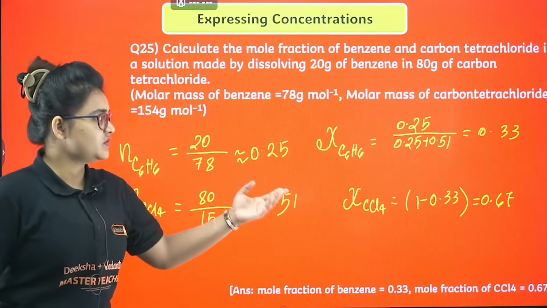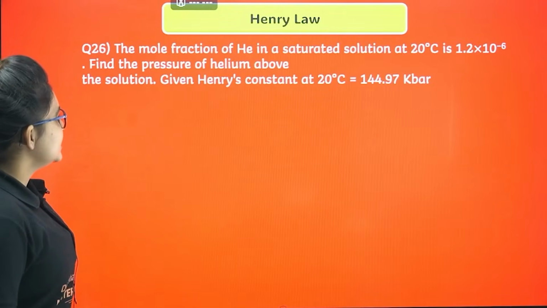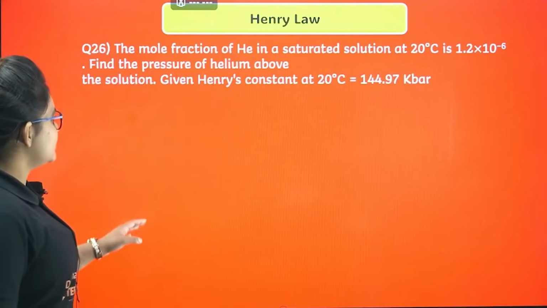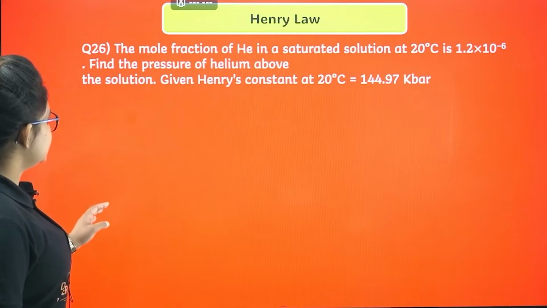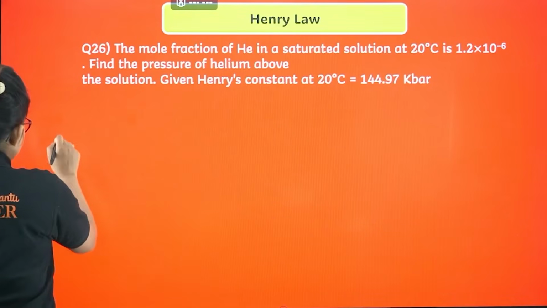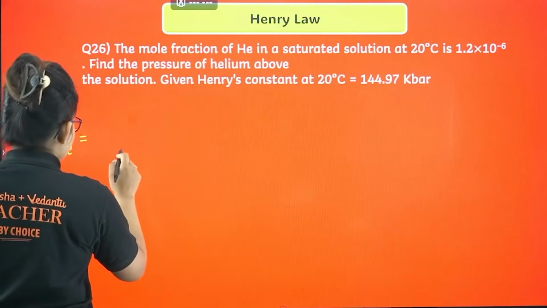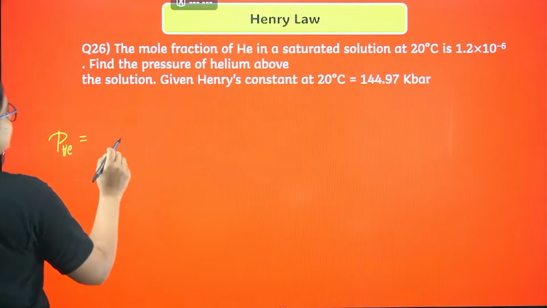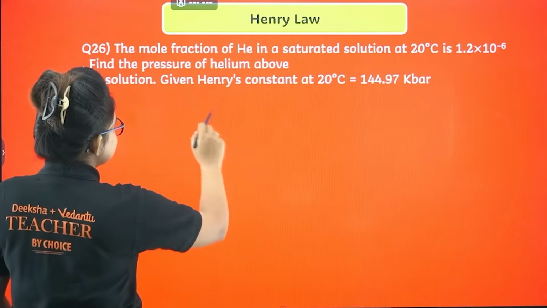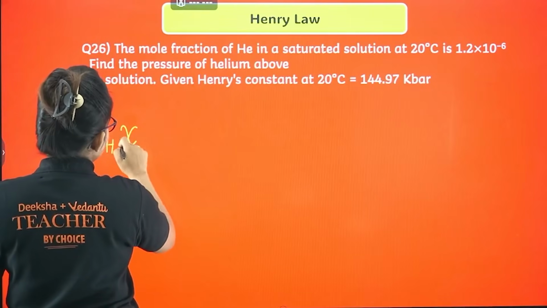It's direct, you just have to find out the mole fraction. Okay, let's proceed. The mole fraction of helium in a saturated solution at 20 degree Celsius is given. Find the pressure of helium over the solution, Henry's constant is given. So here the pressure of helium is basically kH into X, right? Here you can see this is Henry's law. So Henry's constant, kH, into the mole fraction of helium.